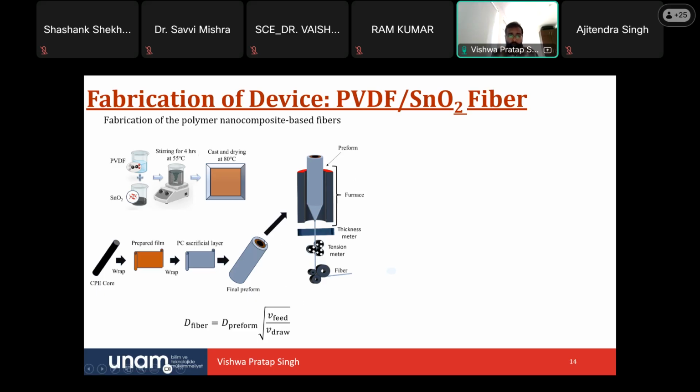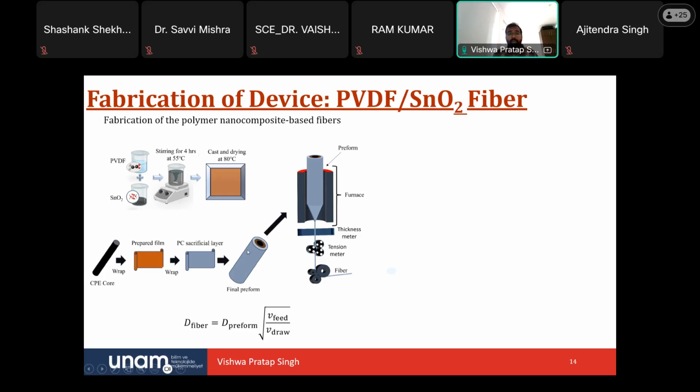So this is PC, polycarbonate. For thermal drawing, you need a material that is easily thermally drawable, generally thermoplastics. So polycarbonate is used as a sacrificial layer. You wrap the sacrificial layer over it, and then you get this type of preform.